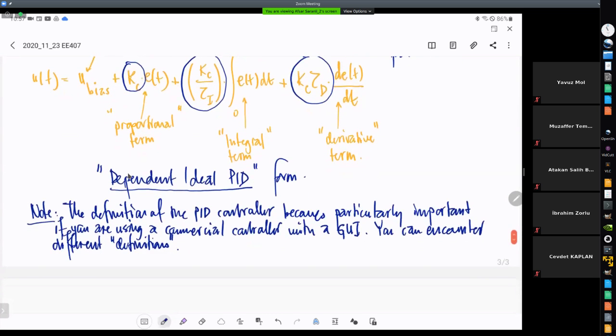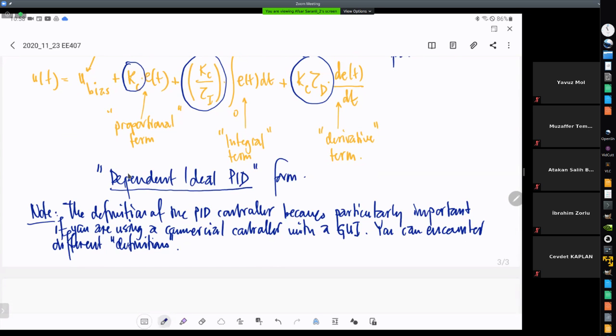It is important to note that these different definitions do not fundamentally alter the nature of the PID controller. It's always the same type of controller, and it's always the same kind of performance that you will get from this type of controller. Okay?